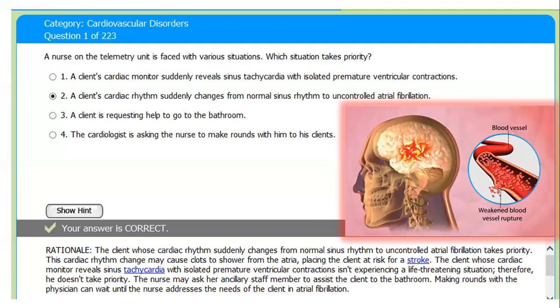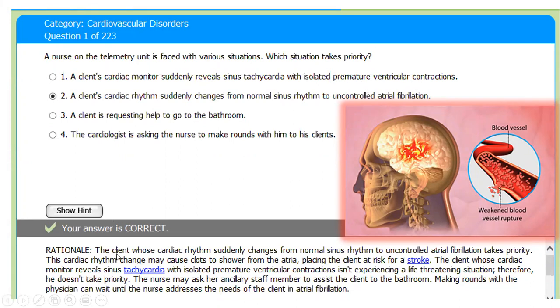So sinus rhythm changing to atrial fibrillation is pathology. Atrial fibrillation is a disease of the heart characterized by an irregular and often faster heartbeat, faster than the upper normal limit. So you have to evaluate it.